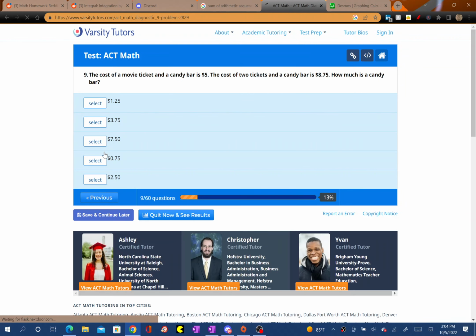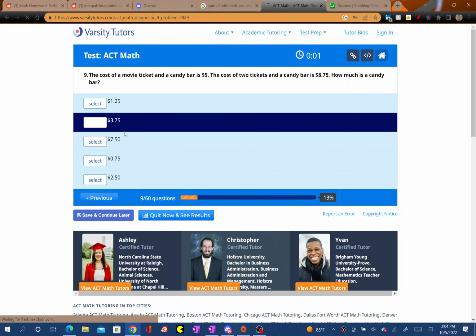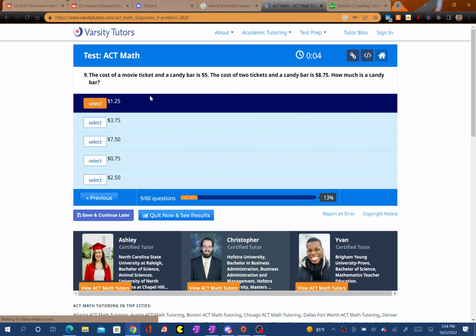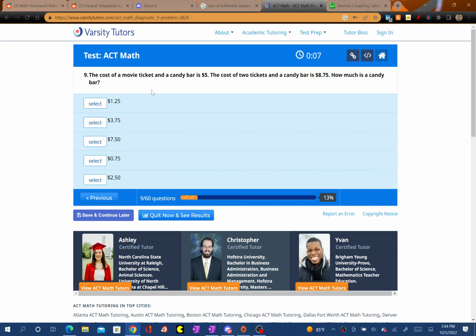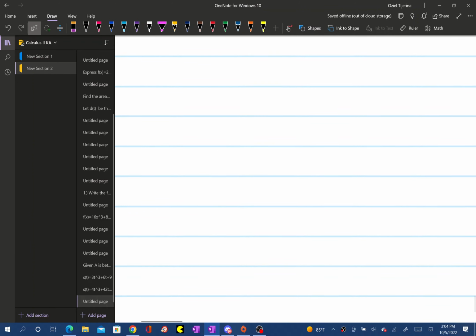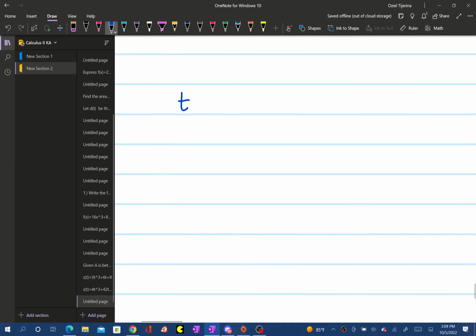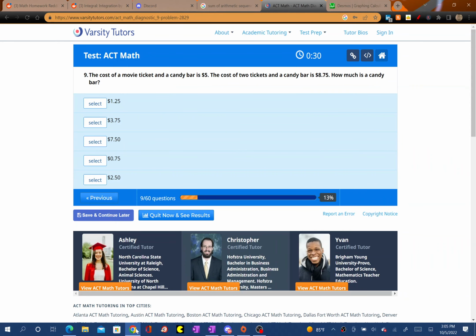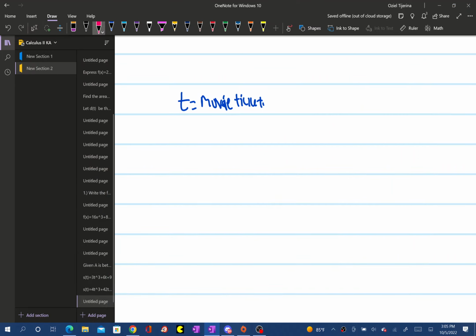Okay. Let's see here. The cost of a movie ticket and a candy bar is $5. So let's just say that T is for movie ticket, and candy bar, we'll say that's B. So B is candy bar.